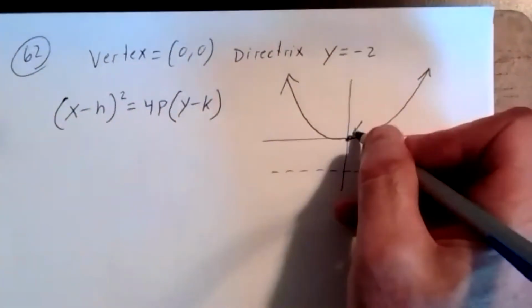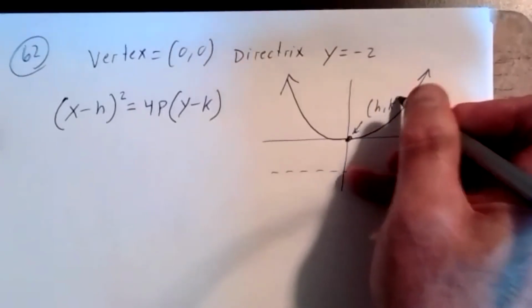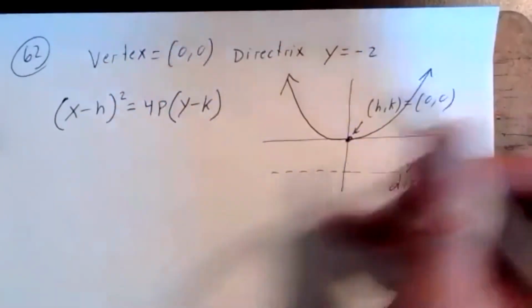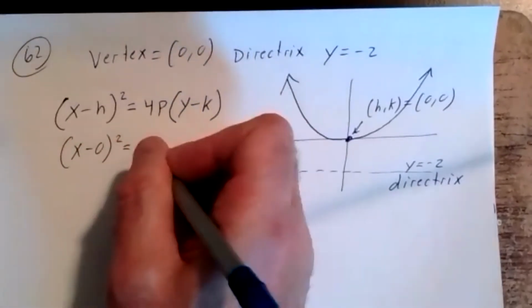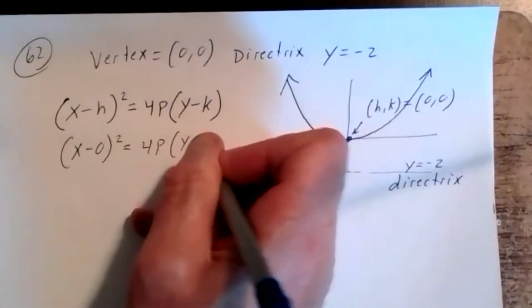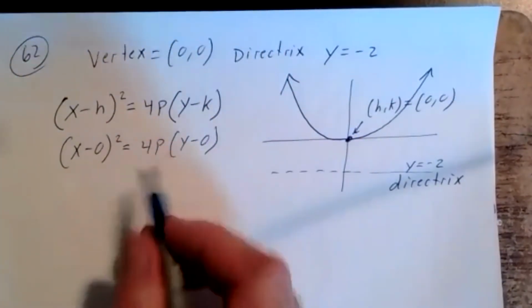Well, we know the vertex is the ordered pair (h, k), and they told us that's (0, 0). So we know 0 goes in for h, 0 goes in for k. Got that. We just need to find what p is.